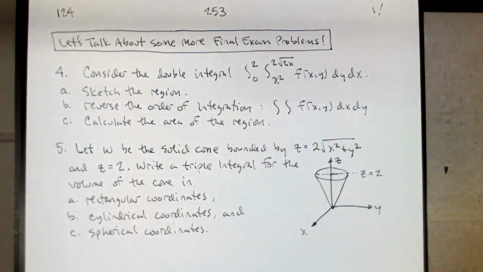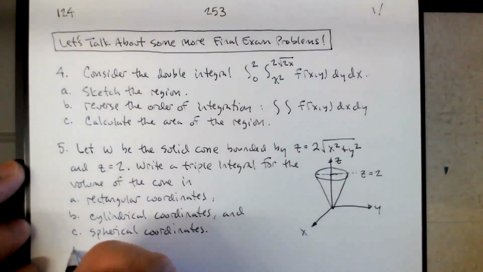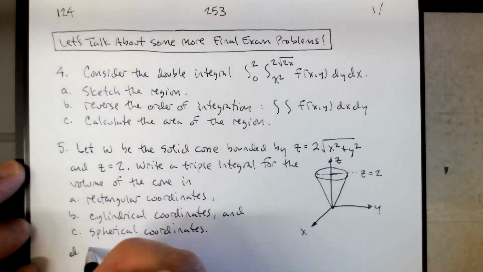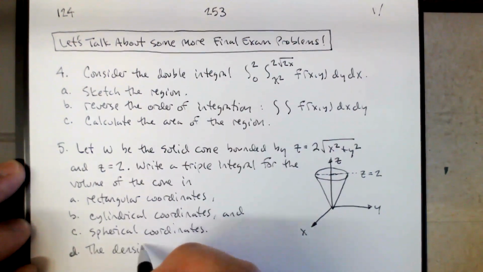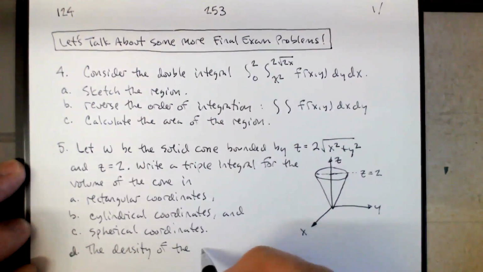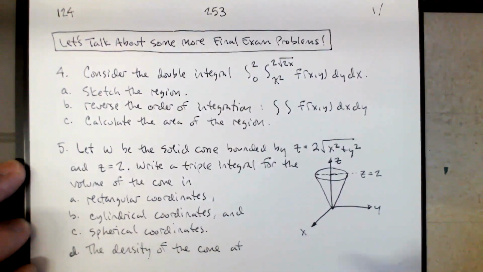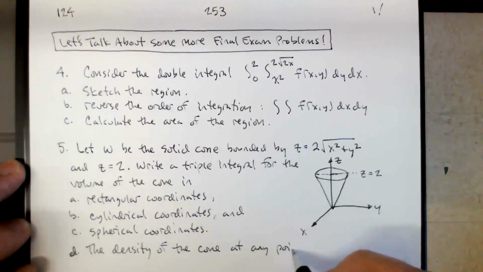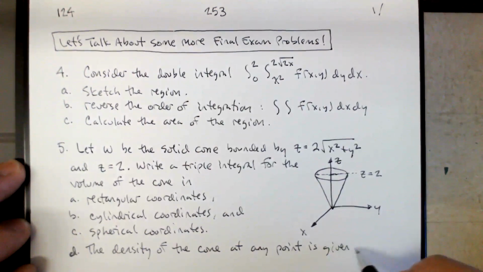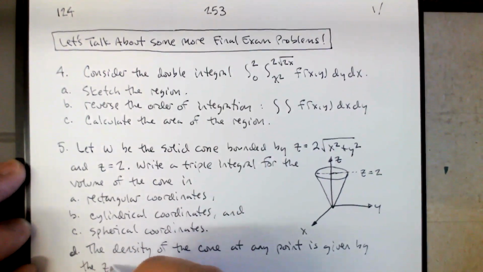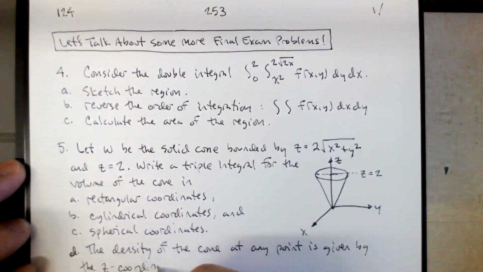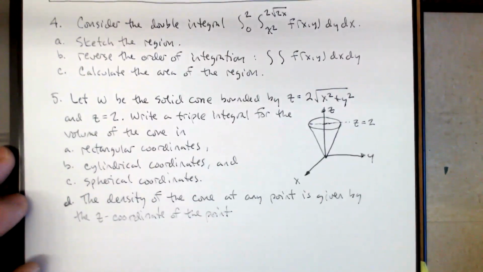Next part. Suppose that the density at any point in the cone is equal to the z-coordinate of that point. I shouldn't say z-coordinate of the point.